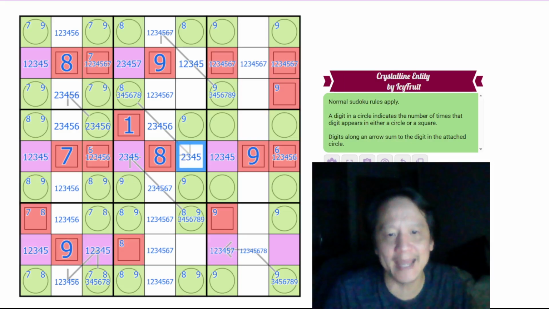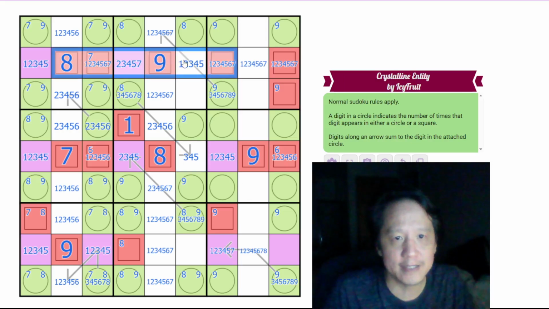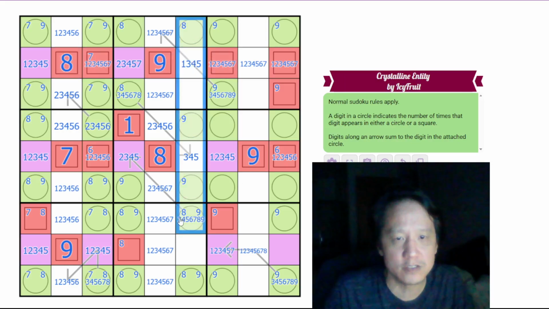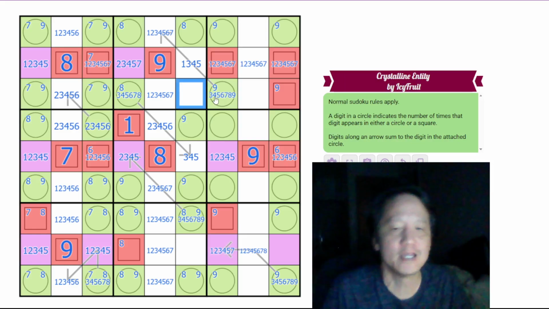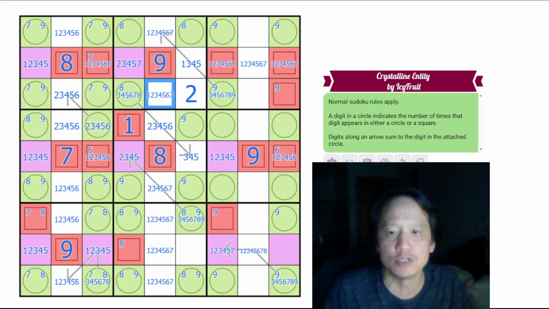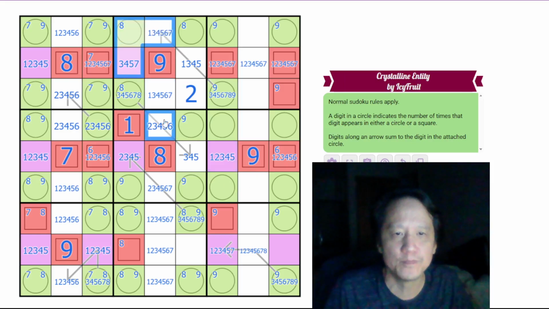So this cannot contain a 2. These cannot contain a 2 in column 6. The circles cannot contain 2s. And this cannot be 2. Where is the 2 in column 6 then? It has to be here. So this is 2, which means this can't be 2. This can't be 2, and this can't be 2.